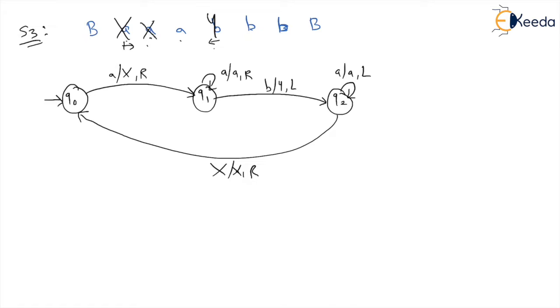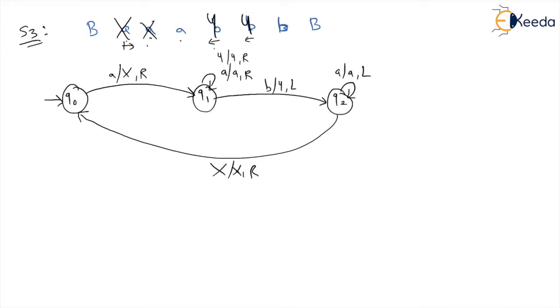So what will happen if in state Q1 I receive a y? I have to bypass it. Therefore I say if in Q1 I get a y, keep it as y and move to the right. And now to the right of y in Q1, if I get a b, I'm going to make it as y and move to the left.